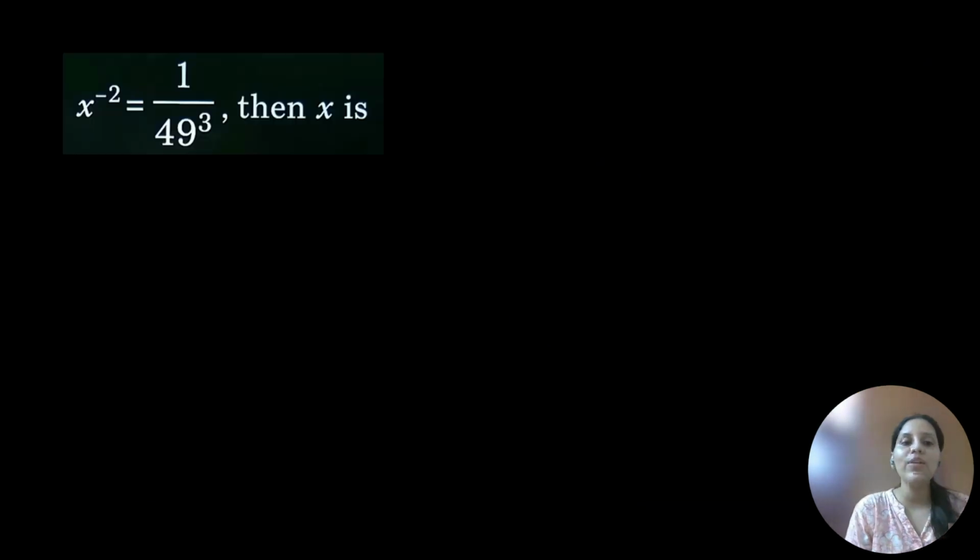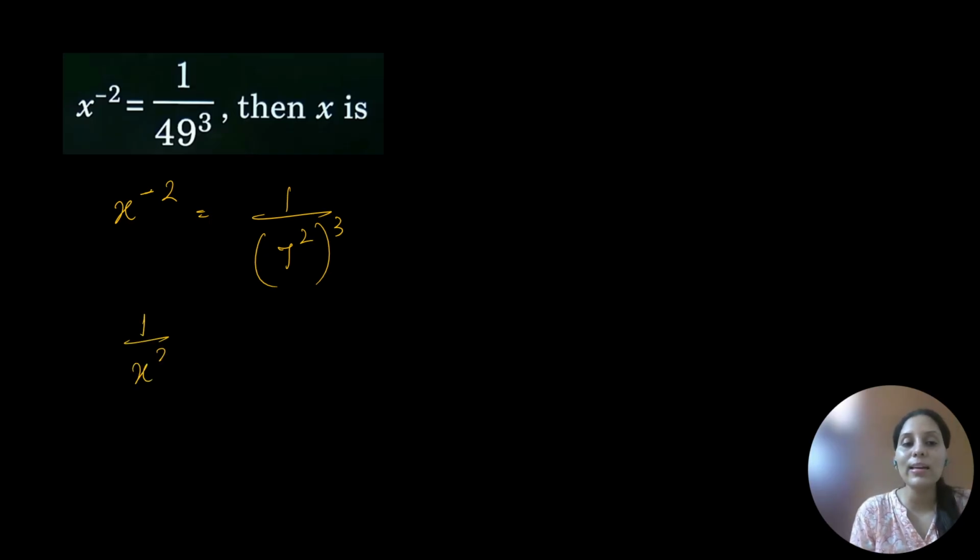Now, next up we have a very easy and interesting question. We need to find x. So, x power minus 2 is equal to, now 49 we just saw it is 7 square. I can write whole cube. Yes. So the negative power I can make into positive. I can get it to the reciprocal.